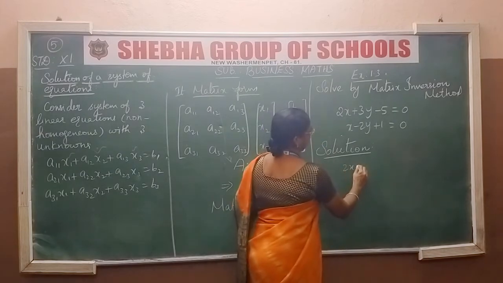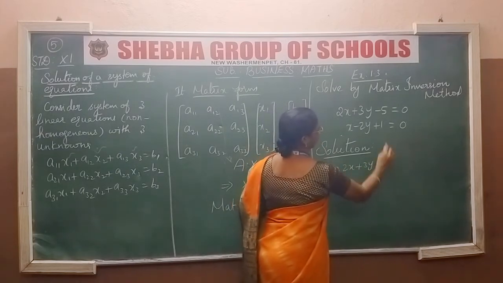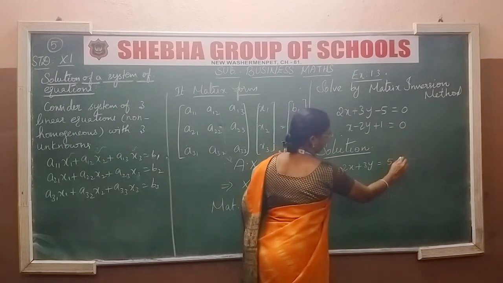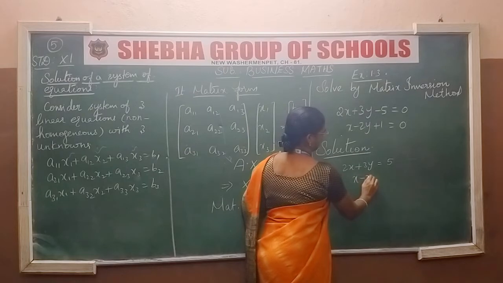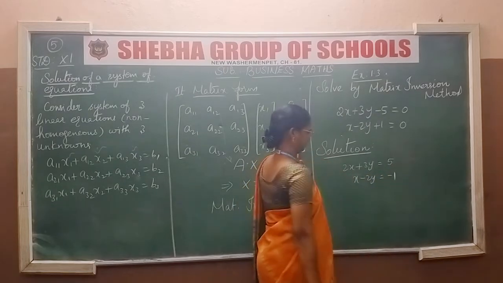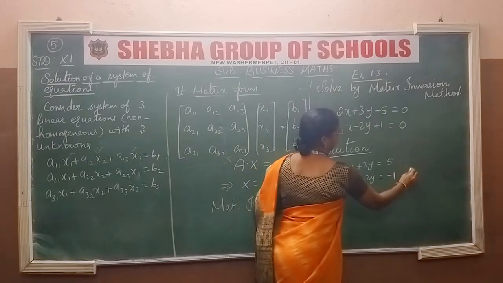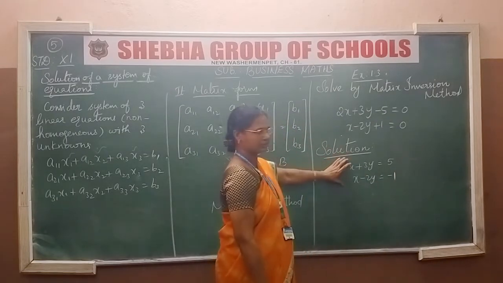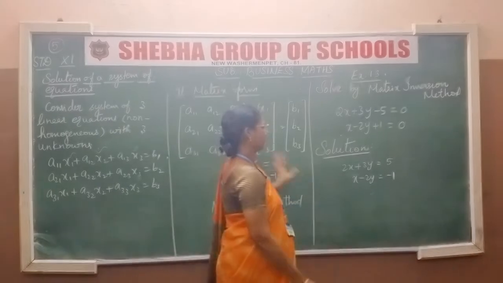Like that, 2x plus 3y equal to minus 5; bring it to the right hand side, it becomes plus 5. Similarly, x minus 2y equal to minus 1. These are our equations.